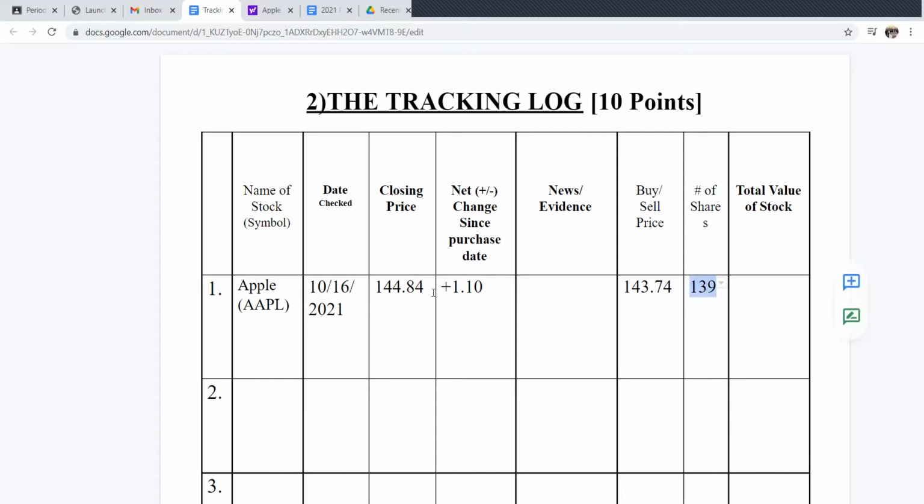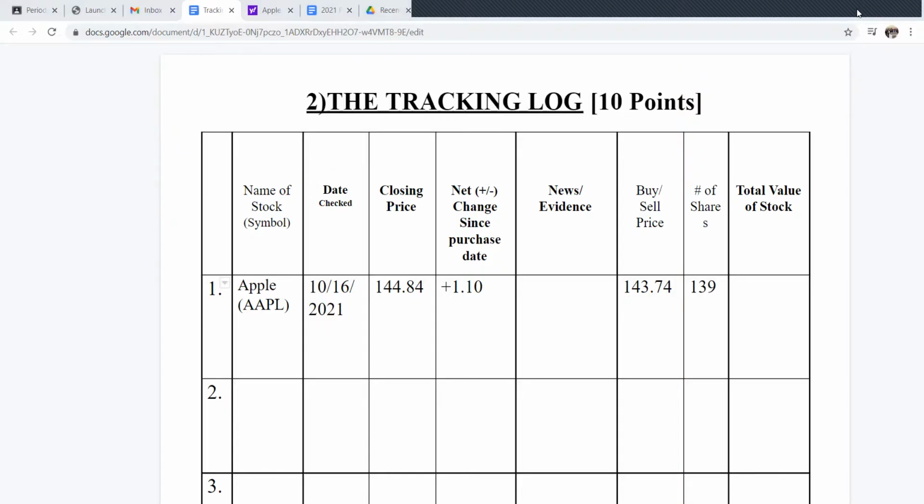To complete the total value of stock column on the far right, I'm going to simply multiply my number of shares, 139, times Friday's closing price, 144.84. So to do that, I'm going to multiply 144.84 times my number of shares, which is 139 shares, and that's going to give me a grand total of $20,132.